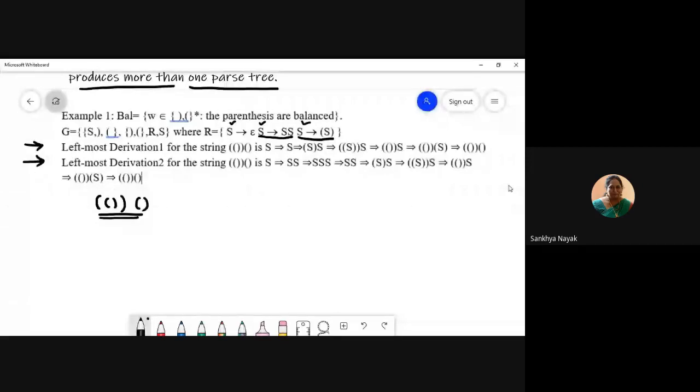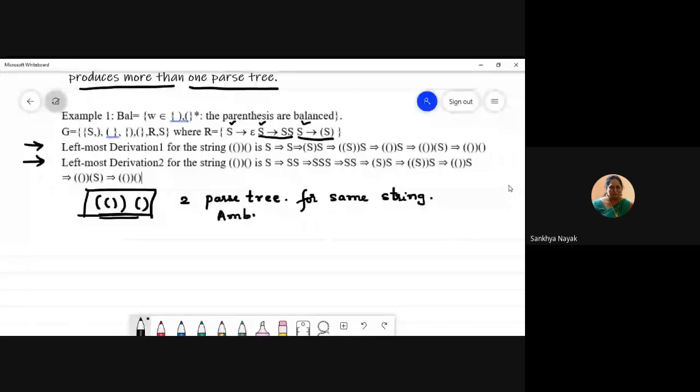When we start deriving, the only rule we know is that it should start with the starting symbol, correct? So if I have two leftmost derivations, that means I have two parse trees for the same string, isn't it? If I have two parse trees for the same string, then we say the grammar is ambiguous, correct?